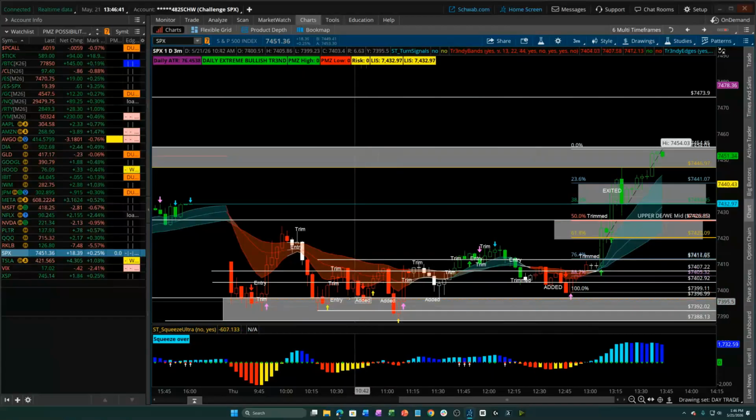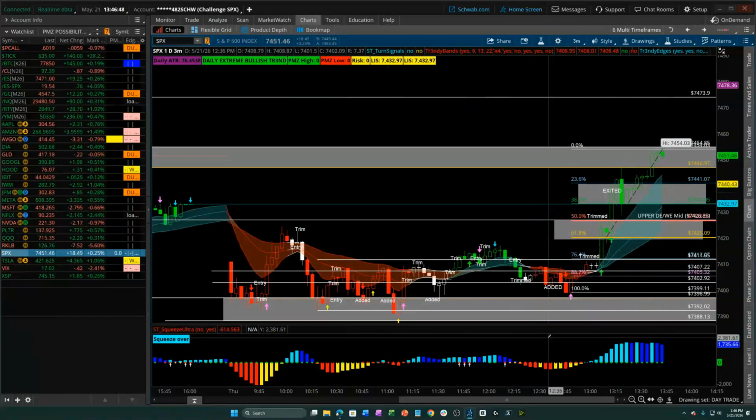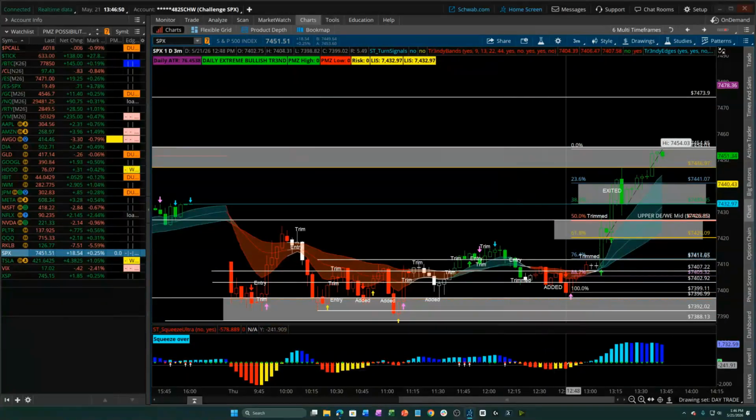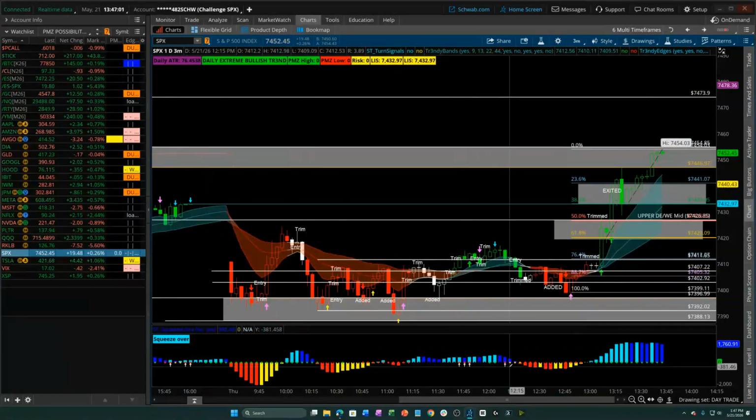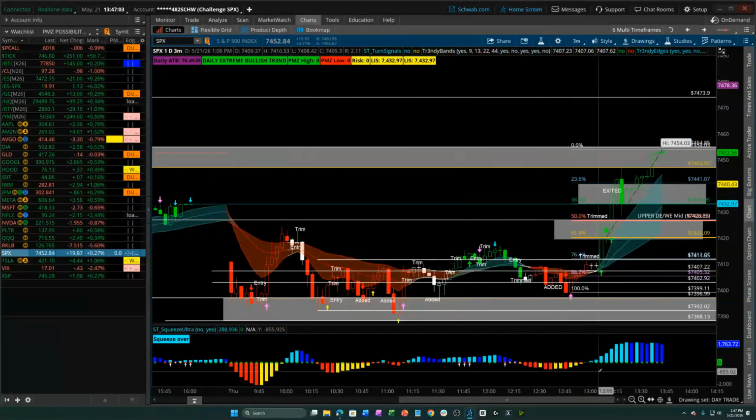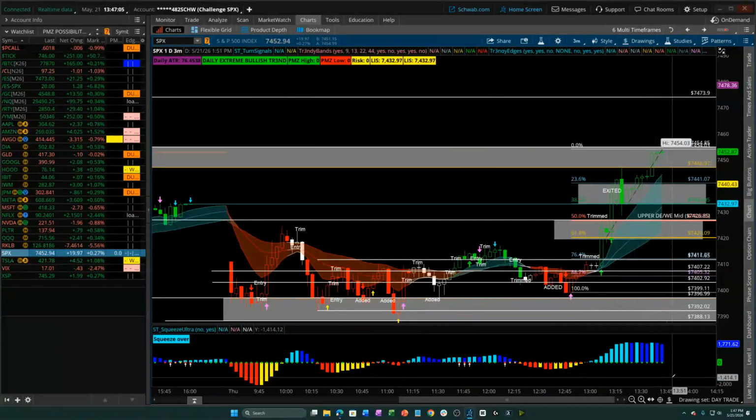And that was another reason that I kept adding here. And so that's what Buckeye Dave is talking about. If you look down here at this indicator at the bottom of my screen, this is the squeeze indicator. And these white arrows are saying, hey, ultra squeeze, hey, ultra squeeze. And boom.